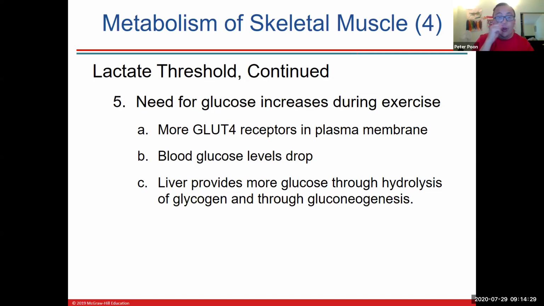This is one of the reasons why exercise is good for diabetics, because exercise forces more GLUT4 receptors into the muscle. GLUT4 receptors pump glucose into the muscle even without insulin signaling. So it drops blood glucose levels.